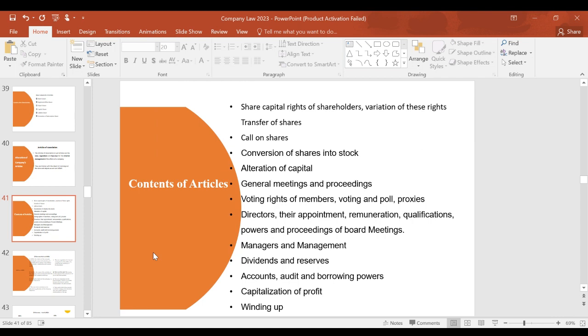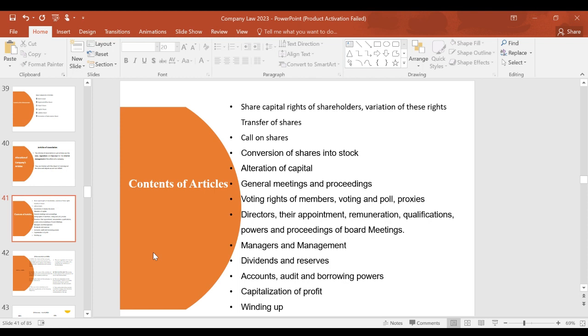The accounts of this particular company will also be captured, including the audit and also the borrowing power of that company. Who is authorized to borrow and to what extent can we borrow?